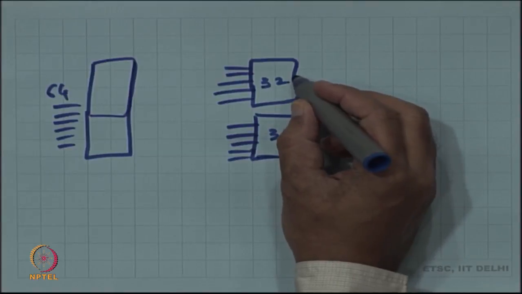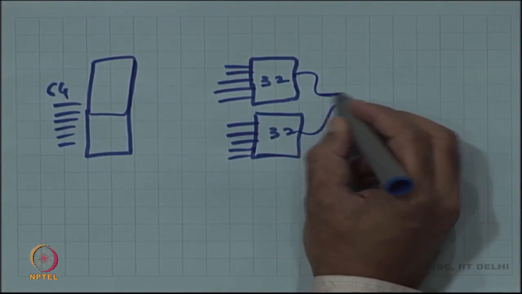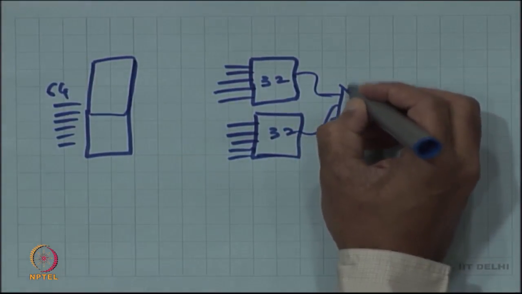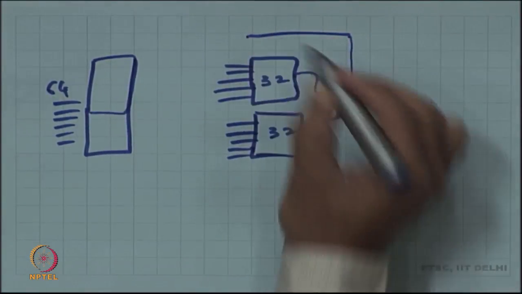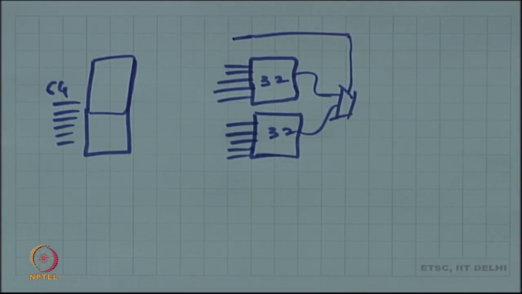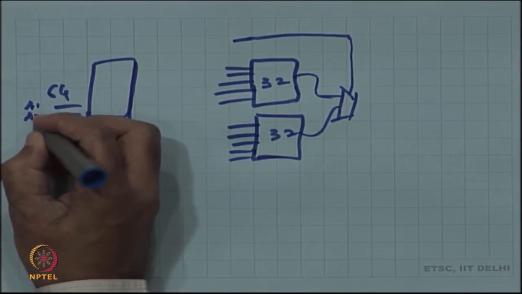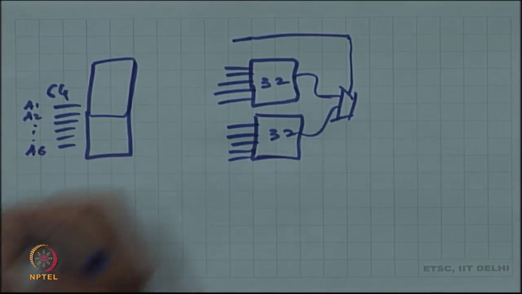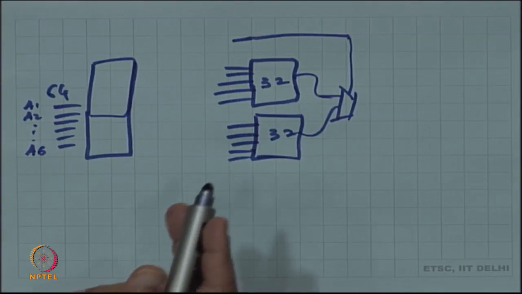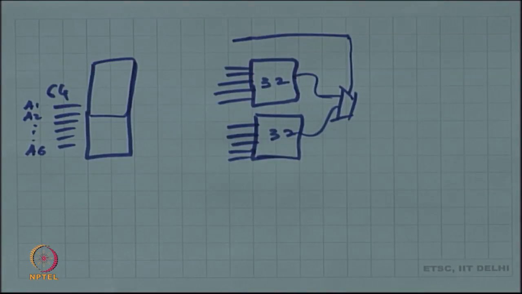So, the outputs of these can go to a mux, in which the 6th input could actually select between 1 or 2. What about the connections here? These were my A1, A2 and A6. So, here what are the connections? A1 to A5 are common to both 32-bit inputs. Right. So, that structure is actually very simple, it is just this.